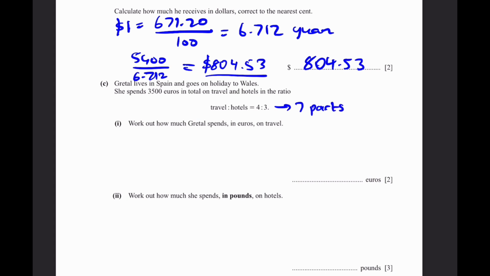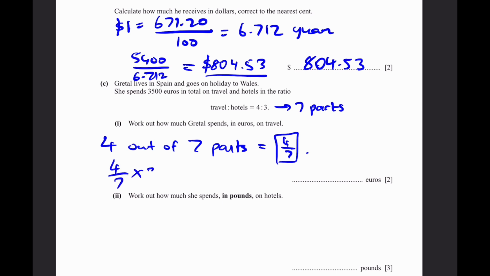And the amount that Gretel spends out of these 7 parts on travel is 4 parts. So 4 out of 7 parts. This can be written as a fraction, 4 by 7. Right? So 4 by 7 of the total, 3,500 euros, is going to be 2,000 euros. That's our answer. Let's go to part 2.